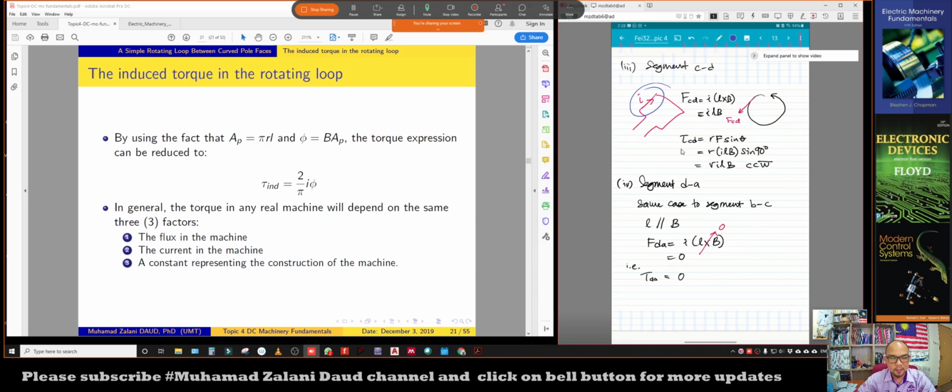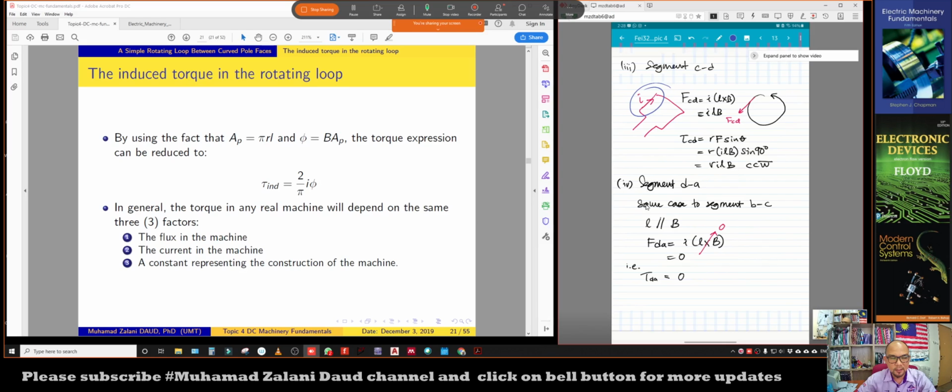Similarly, when we calculate the torque using r F sine theta, we substitute sine 90 degrees, because B, L and F are perpendicular to each other, and sine 90 degrees is 1. We get the torque across CD is rILB.